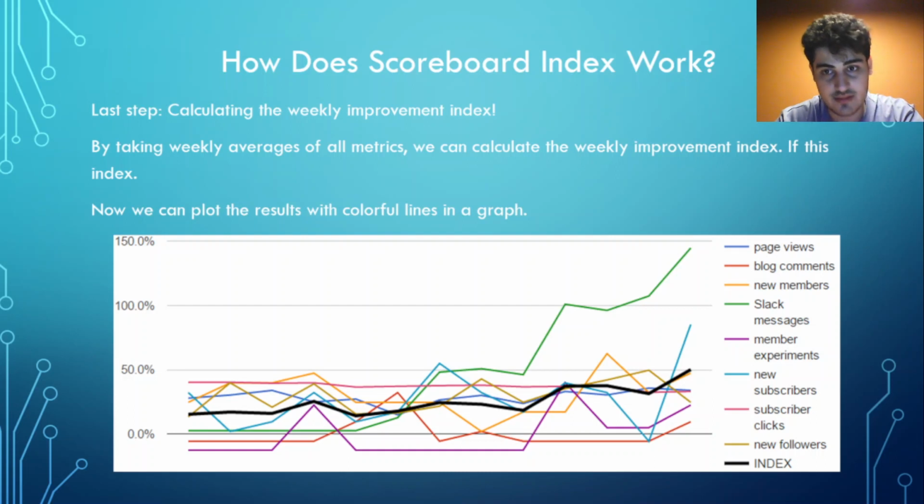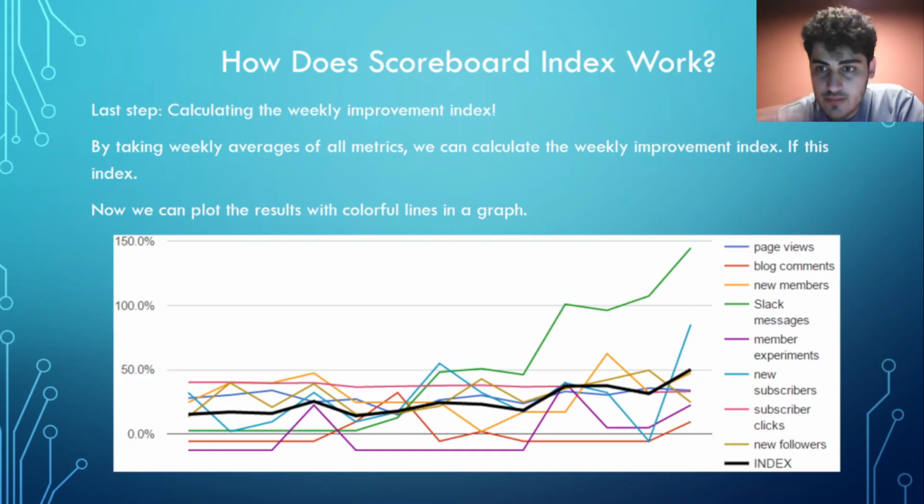After taking the average and obtaining the index, you can make a graph like this, which is a helpful and practical graph to make you understand.